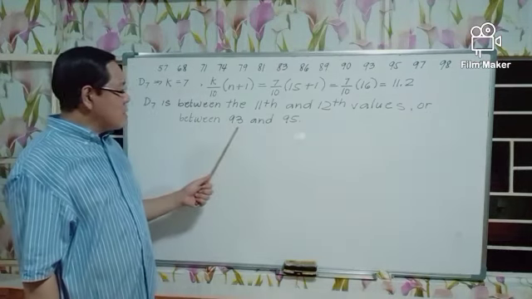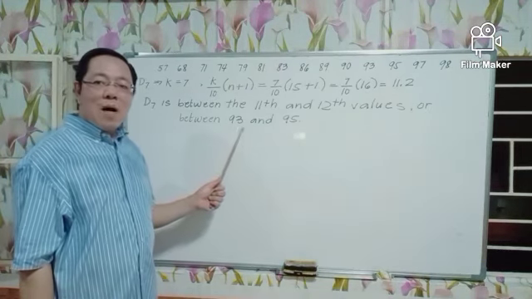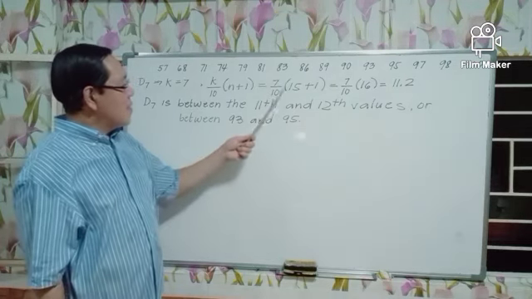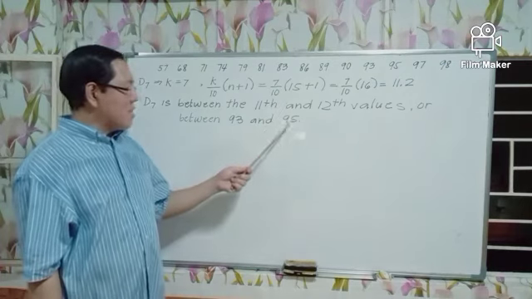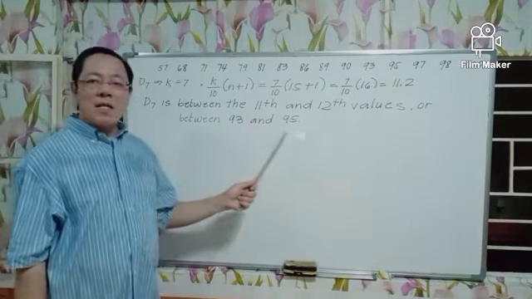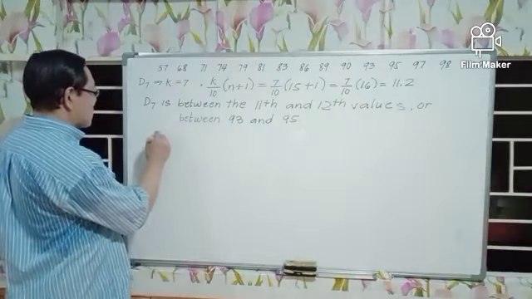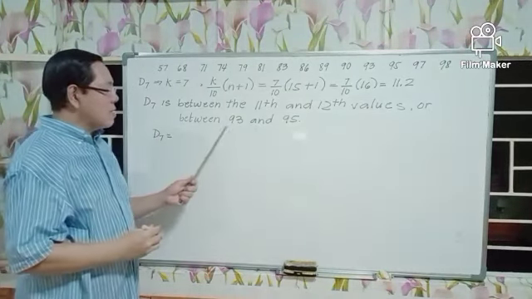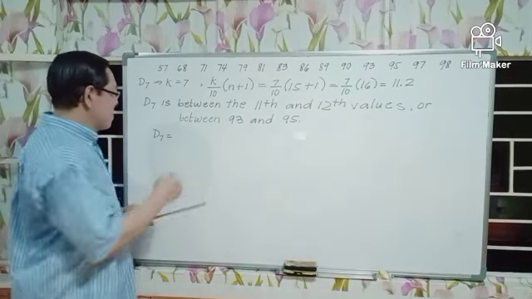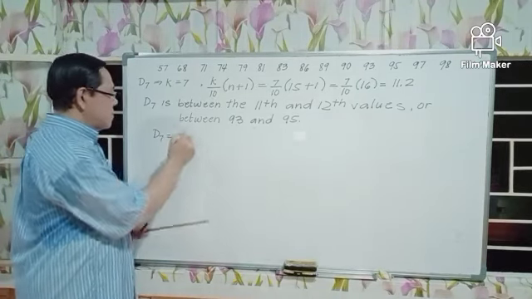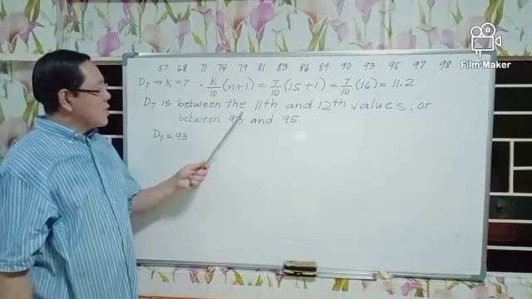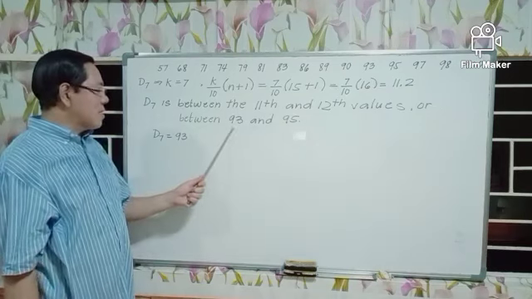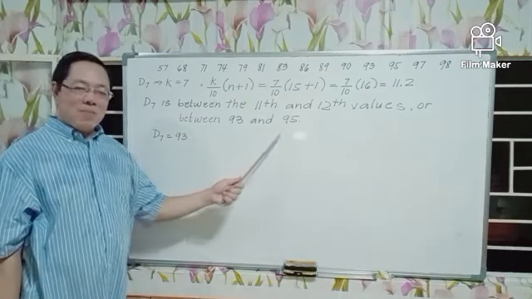So to 93, we add some numerical value which is equal to 7/10 of the distance between 93 and 95. The value of the 7th decile is greater than 93 because it is between 93 and 95, so we are sure the 7th decile is greater than 93 but less than 95.